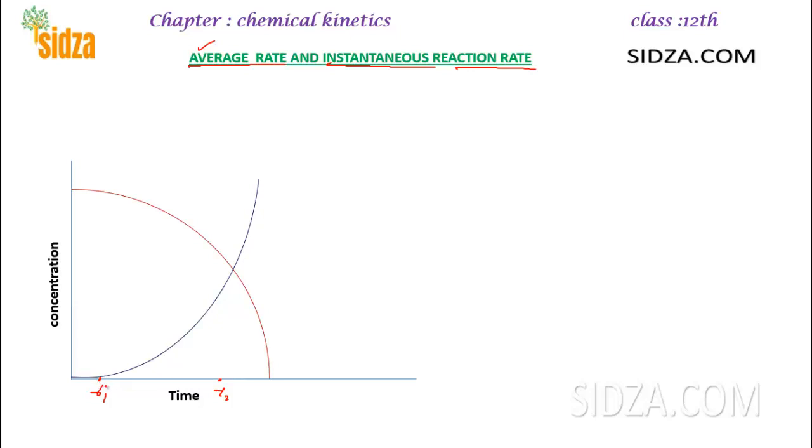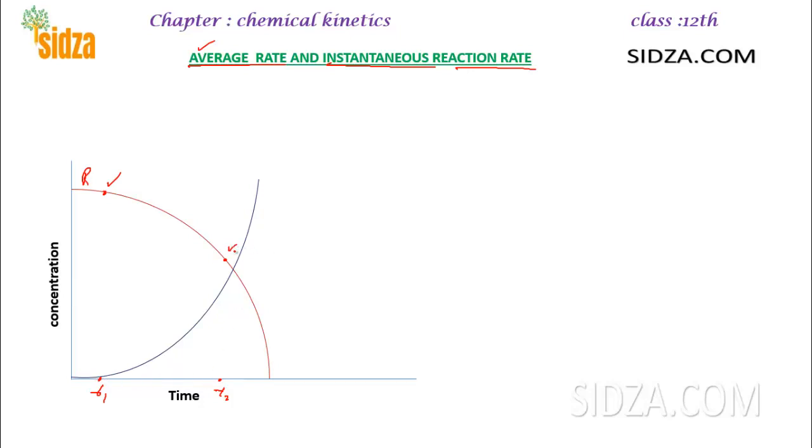Suppose at time t1, the concentration of the reactants is this much, and the concentration of the reactants at time t2 is like this. This is the change in concentration, and this will be the time interval during which the change occurs.